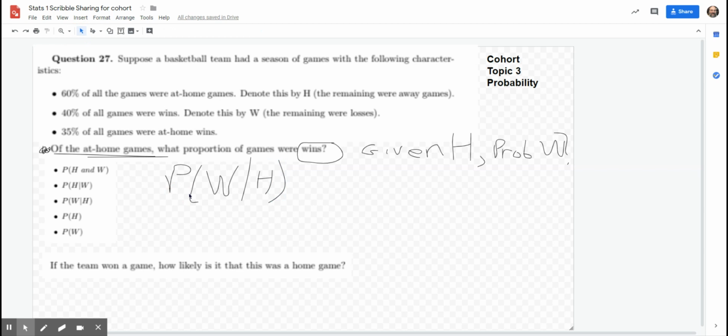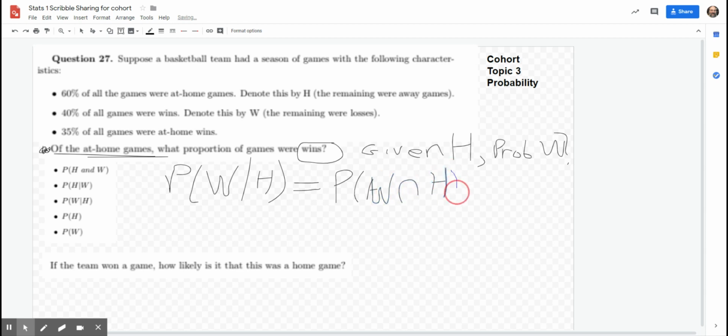There's a formula for this. You probably should know it. By knowing it, I usually mean understand it, not just memorize it. But it's enough to have it memorized. The conditional probability is simply the probability of the intersection. So we need W intersect H on top.